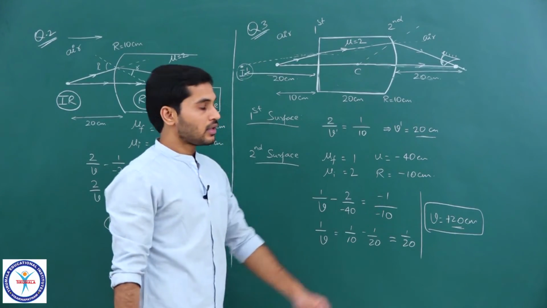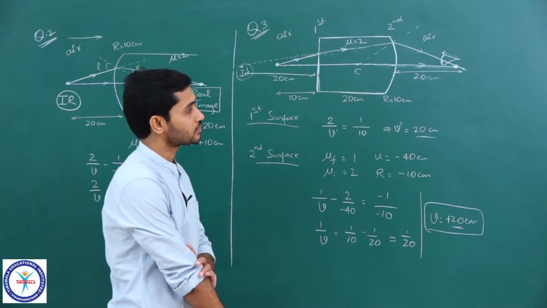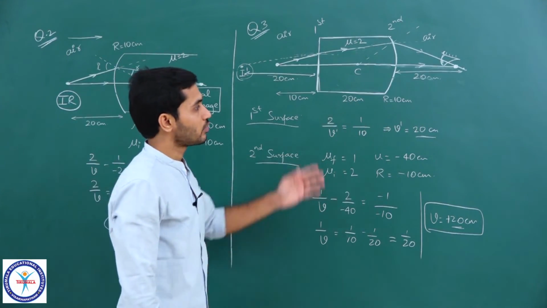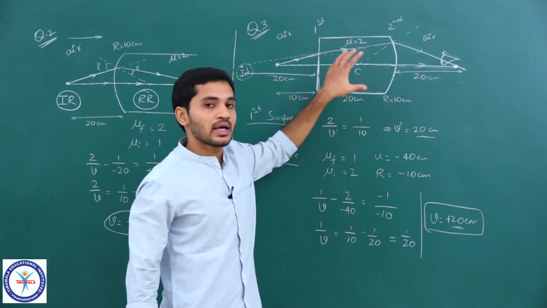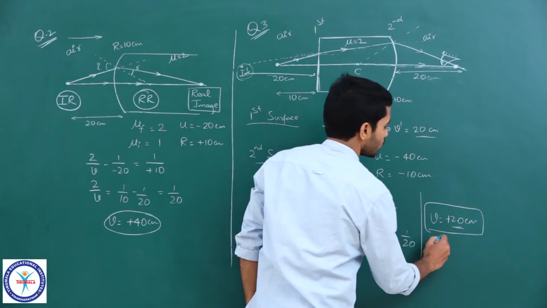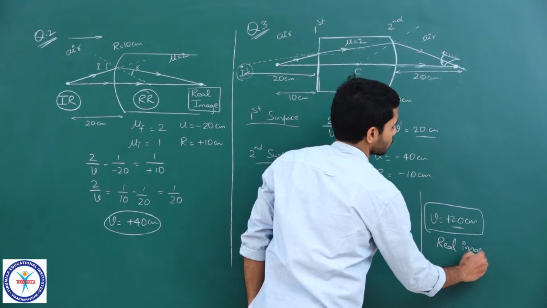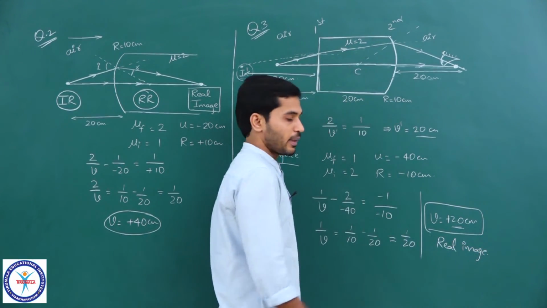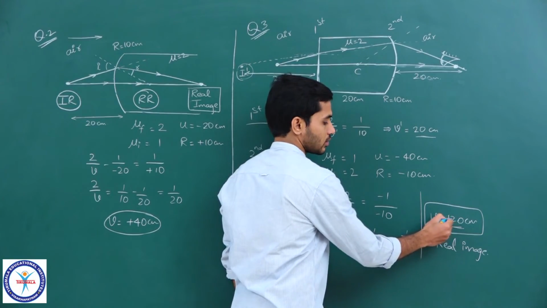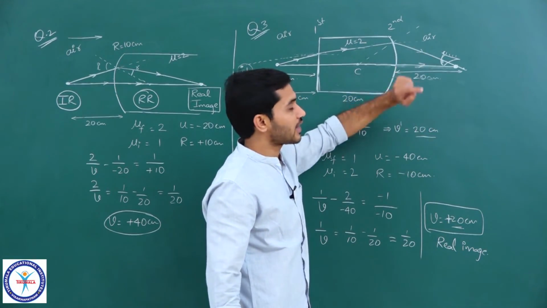Now, you can easily tell whether the image formed is a real image or a virtual image. You can clearly see from the diagram that the image is formed by actual convergence of two rays. So, the image formed will be a real image. Or, like I told you, by looking at the positive sign, you can say that the image is formed in the same medium in which the refracted rays are present.